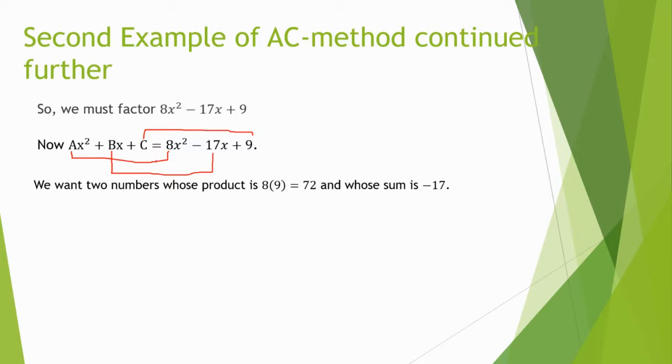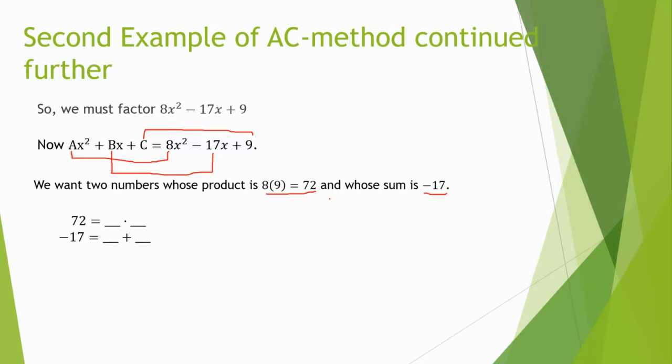So by the AC method, we have to calculate 8 times 9, and that's what we're doing here. And that's just 72. So we want 2 numbers whose product is 72. The sum has to be minus 17. Don't forget the minus sign. I've had students in the past forget to include the minus sign. Okay? It's important.